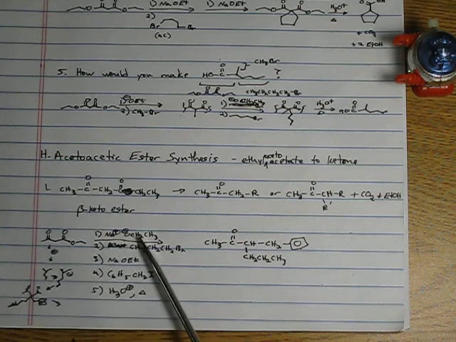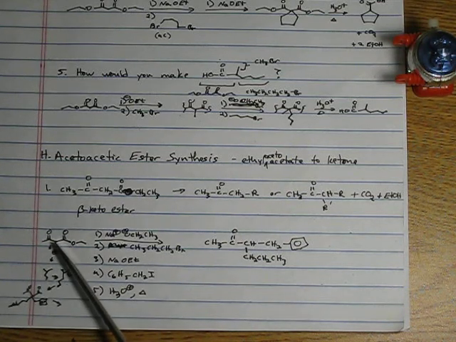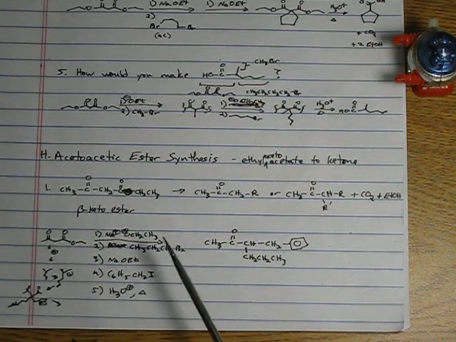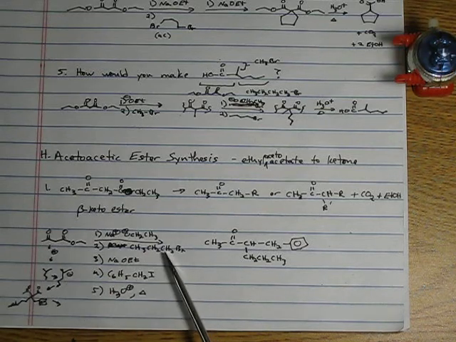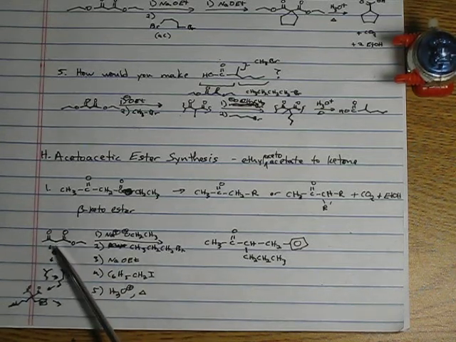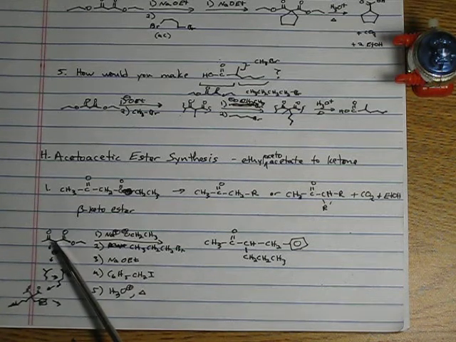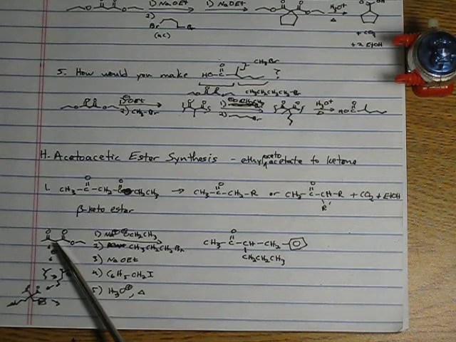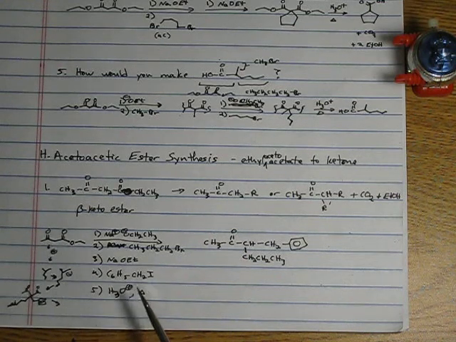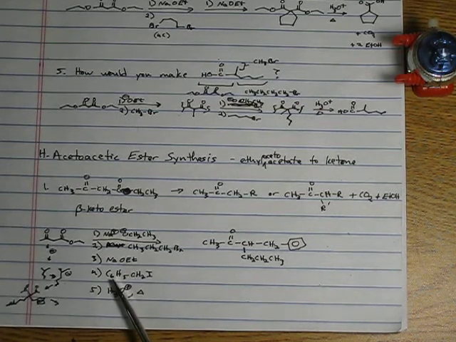Sodium methoxide makes us a negative carbanion. Propyl bromide is going to put this propyl group on this alpha carbon. Sodium methoxide takes off the second hydrogen here, making a carbanion at the same spot as before, which will attack this carbon, putting on a CH2 and a benzene ring.